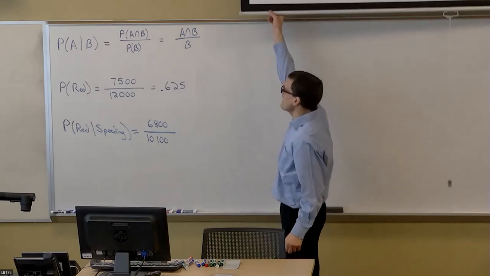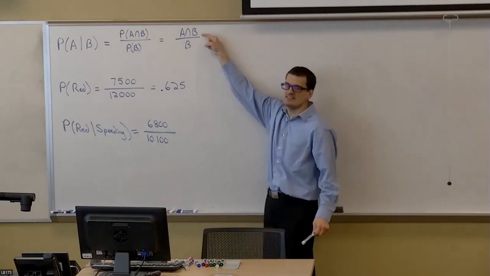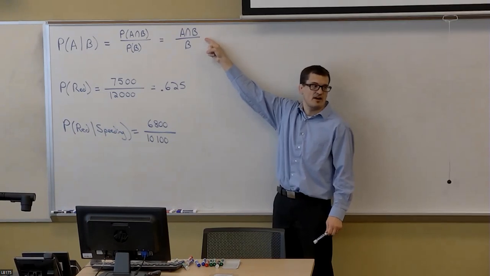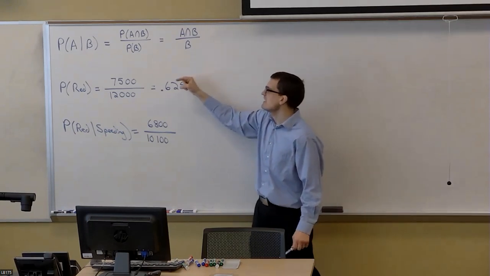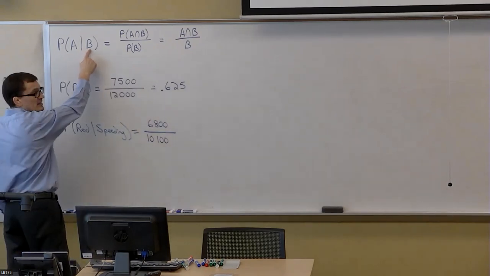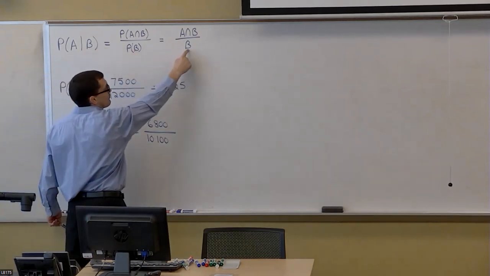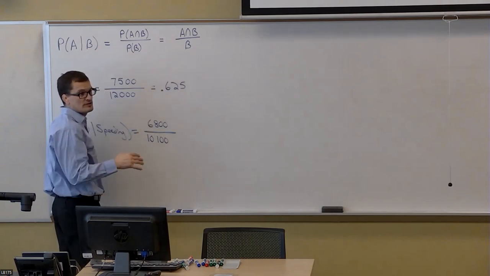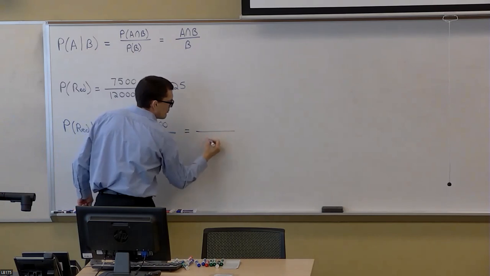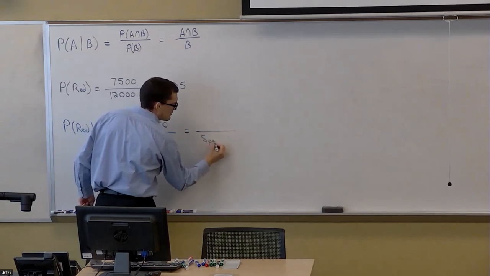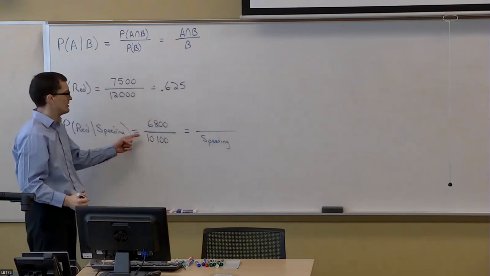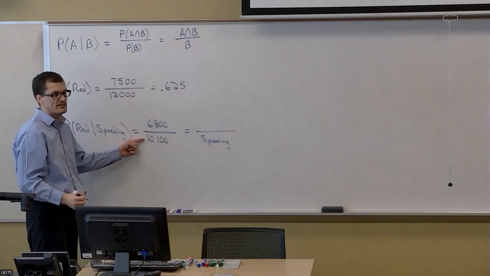Now I put that out because that's exactly what this rule is saying. All right? It's saying that if you're given B, now you're picking out of the group. So in my case, we picked out of those cars who were speeding, the total number who were speeding.